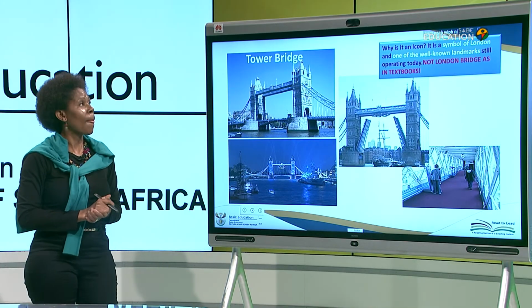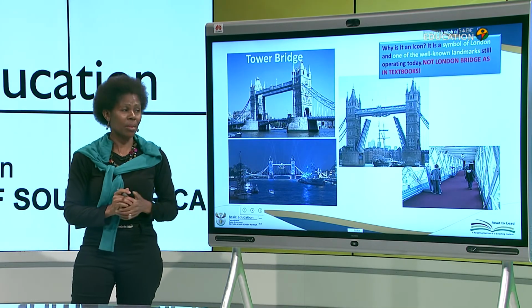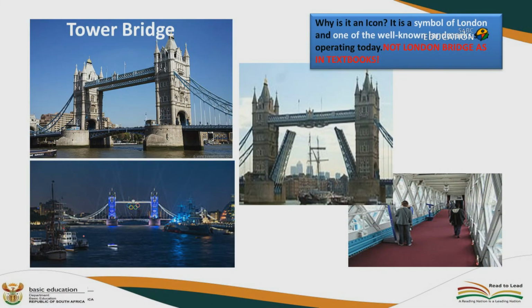The Tower Bridge. Remember I said we had the Tower Bridge. This is our Tower Bridge. Why is it an icon? It is a symbol of London and one of the well-known landmarks still operating today.